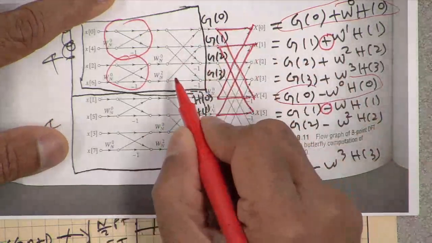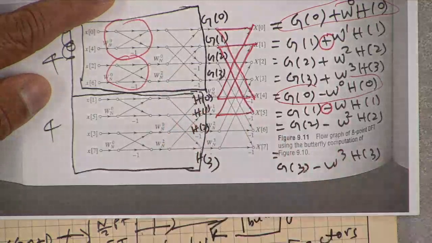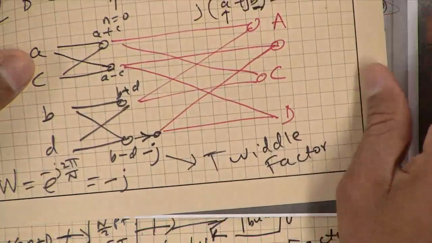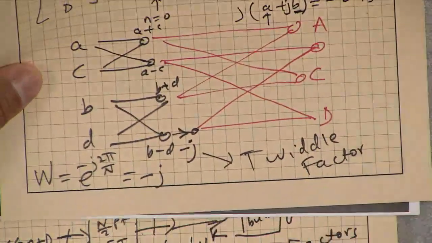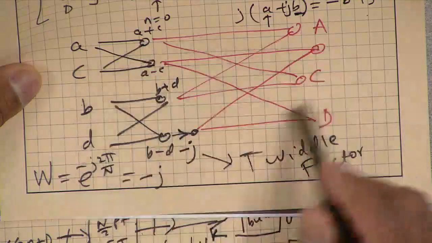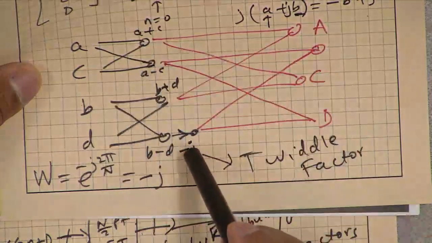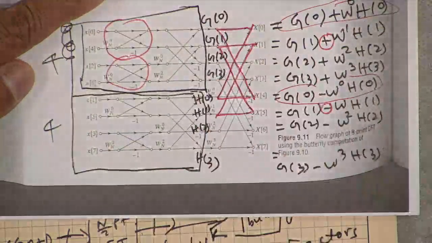Now one thing you will notice is this diagram is exactly the same as the one I had drawn a few minutes ago, the 4-point butterfly that I had drawn before by just observing and taking common things out, and that minus j that you see here is shown as W squared.